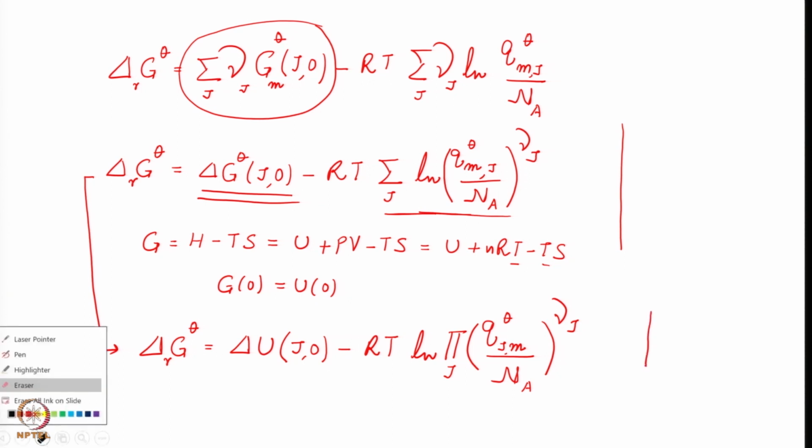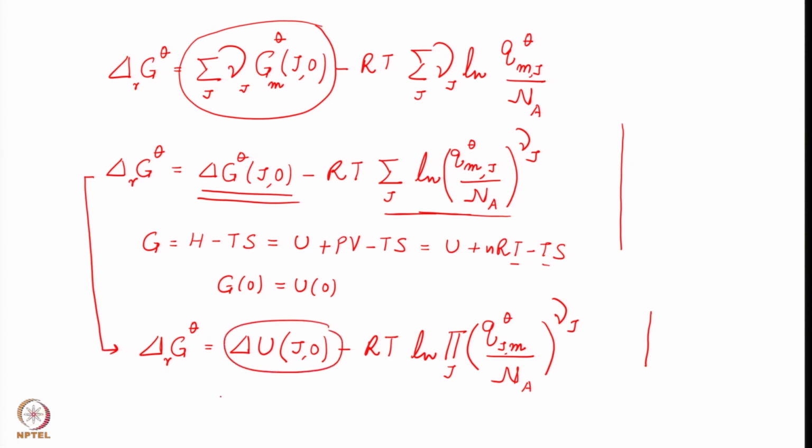What we will do is that instead of delta U, we will write this as delta E 0. Just a symbol to describe that this is the difference in the zero point energies. U shows internal energy, and we will just rewrite it as delta E naught.